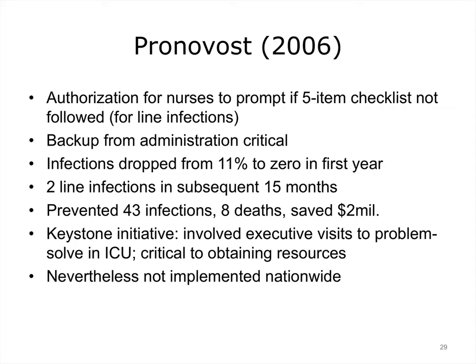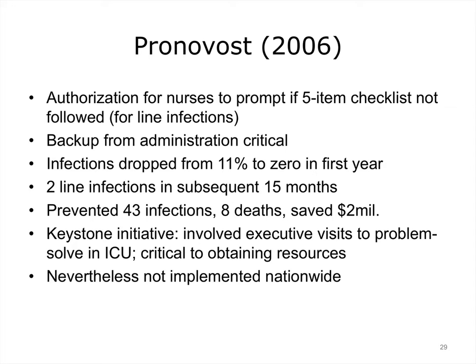Aside from the checklist itself, part of his innovation was that nurses could correct doctors if they did not follow a simple 5-item checklist for central line infection prevention. This entails dealing with the highly hierarchical structure of medical environments. However, the administration was behind the change, so nurses were supported.